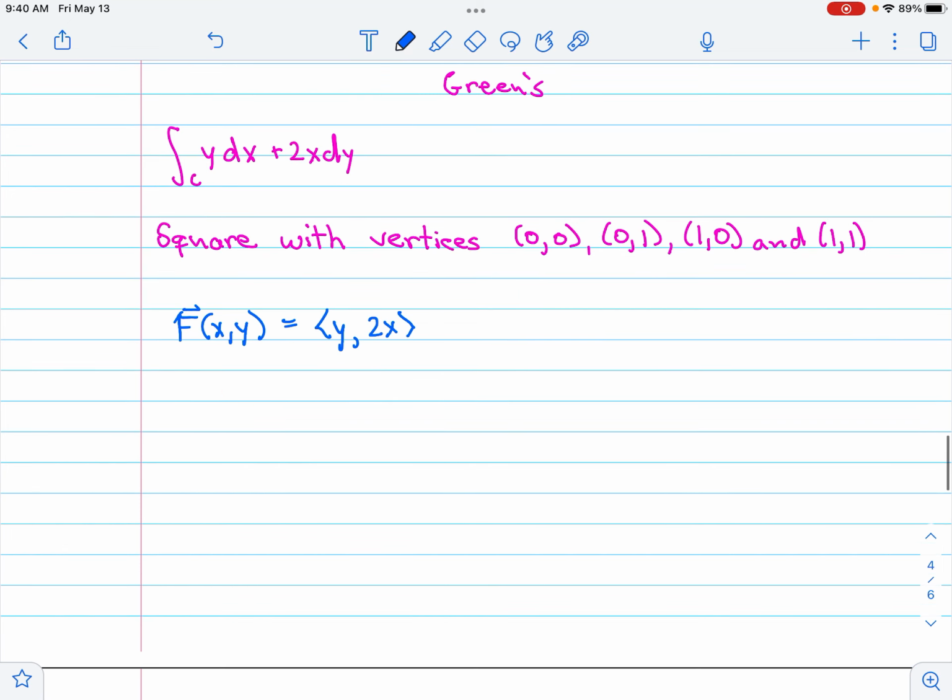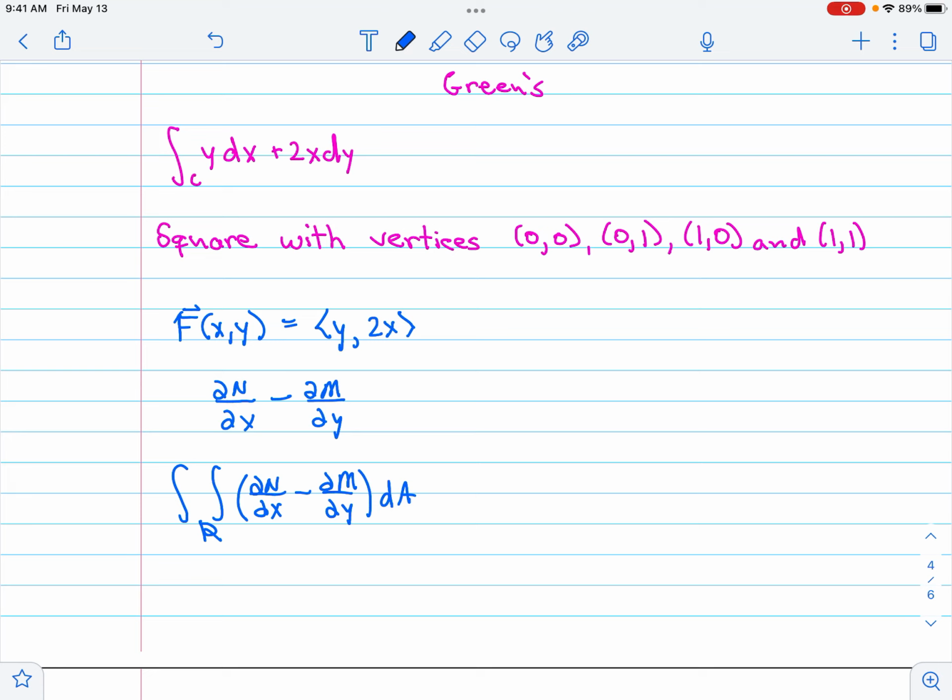What we want to do is take the partial of N with respect to x minus the partial of M with respect to y, and set up a double integral with this. And we want to integrate that over this region, in this case the region in the xy plane.